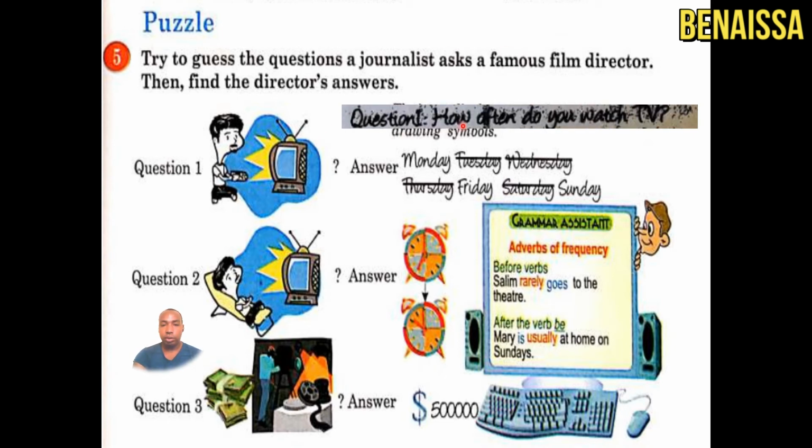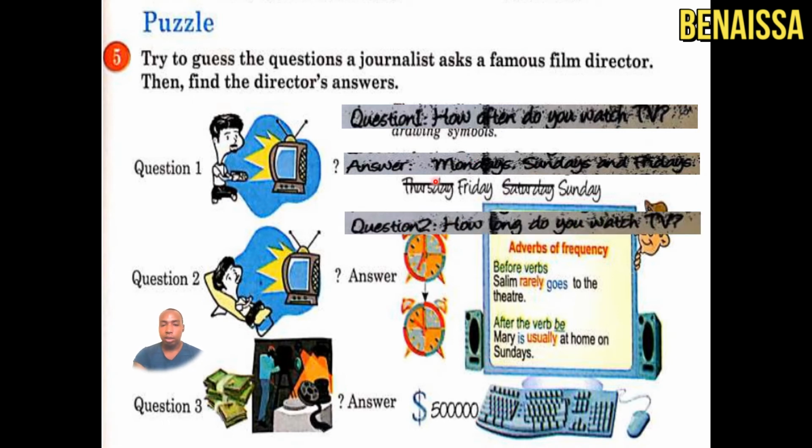For example, question: how often do you watch TV? Answer: Mondays, Sundays, and Fridays. This one is about how long do you watch TV? Period of time.